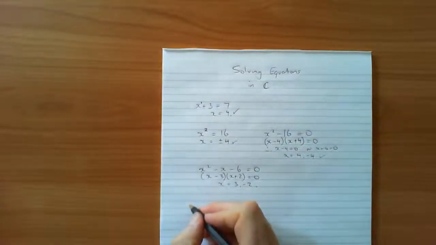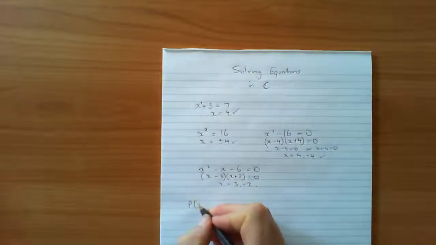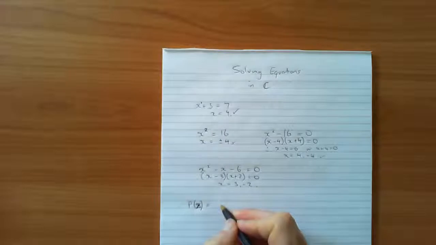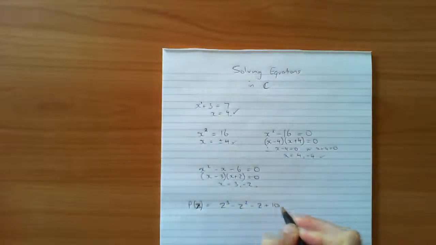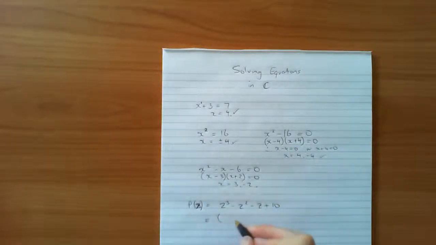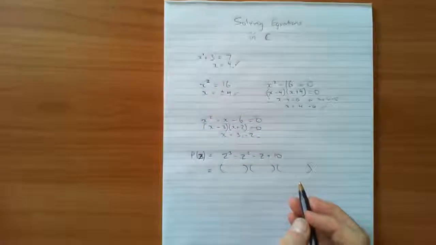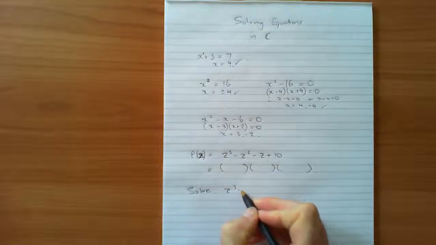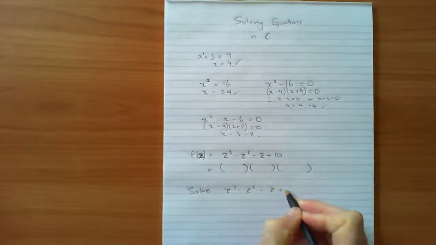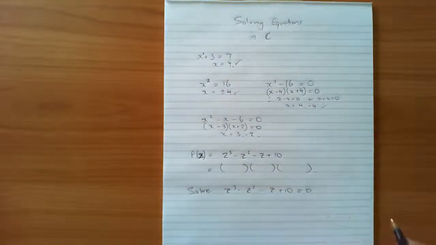Then recently, in our previous lessons, we've been looking at factorizing polynomials. So we might have had z cubed minus z squared minus z plus 10, and we've had to factorize that. And we would have gone through the lengthy process and ended up with 3 factors. What we're looking at now is, what if the question actually said solve z cubed minus z squared minus z plus 10 equals 0.